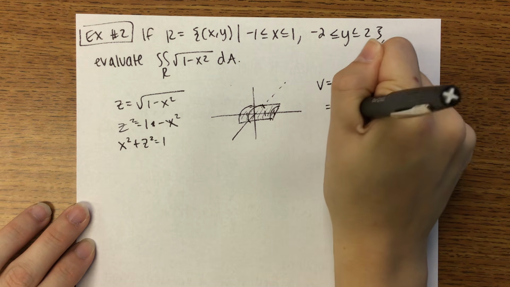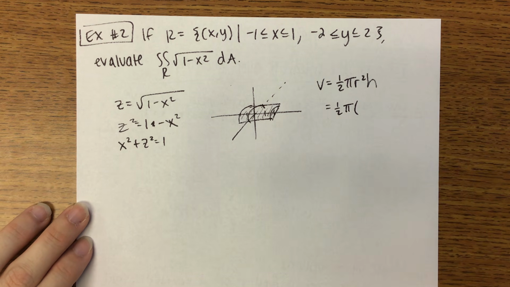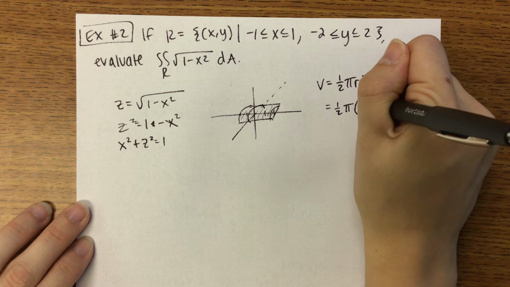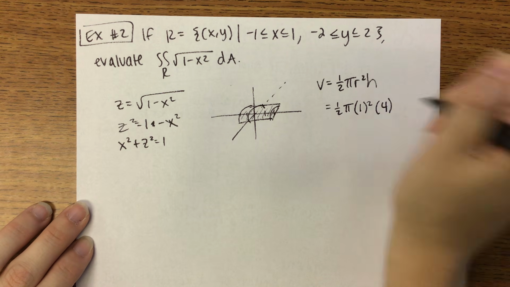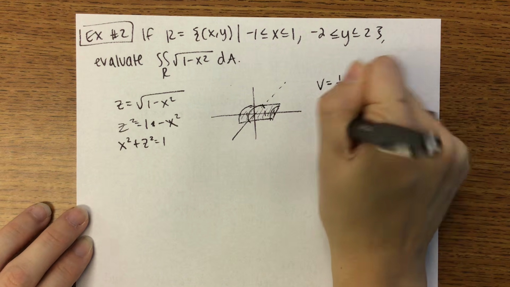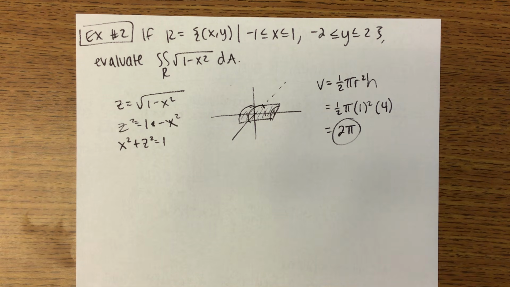What is our radius in this case? 1. Height is 4. So we end up with an answer of 2 pi. So this example was to show you that you should use geometry when you can. Sometimes you don't need to estimate, sometimes you can just use geometric formulas.